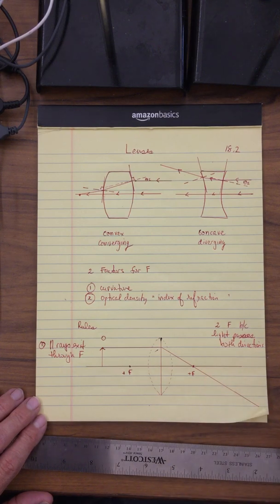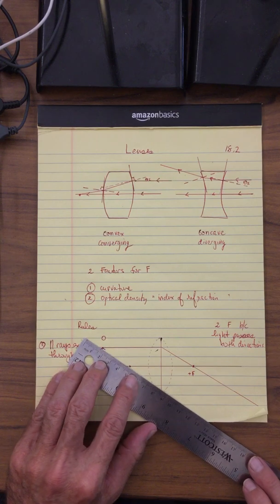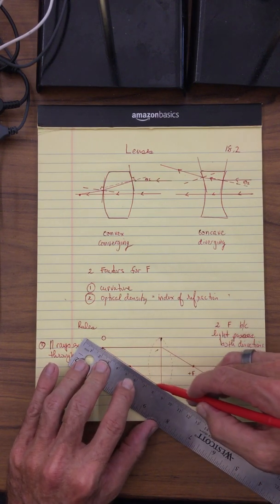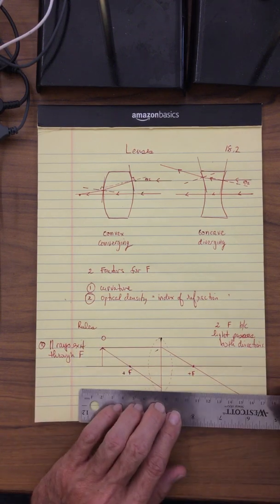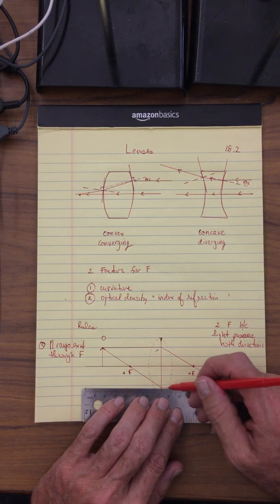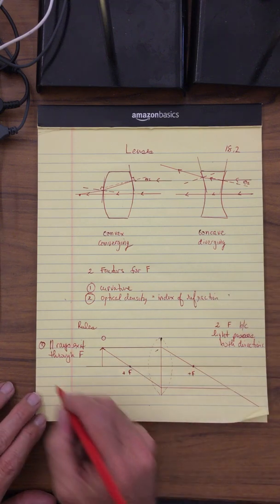Now, just like mirrors, rays that enter the focal point are going to exit parallel. So that's going to be rule number 2.